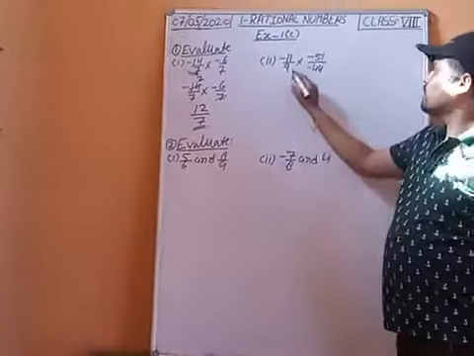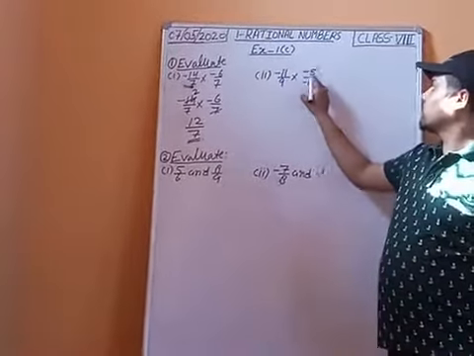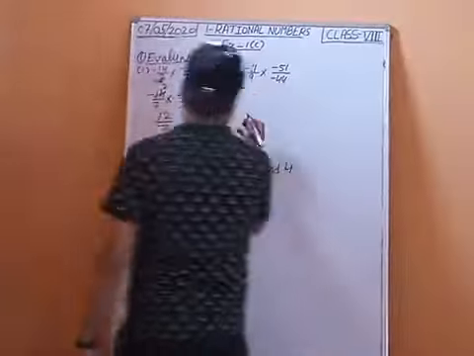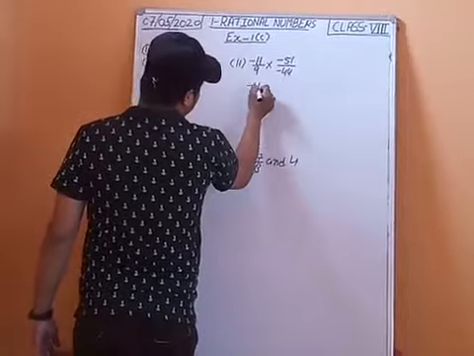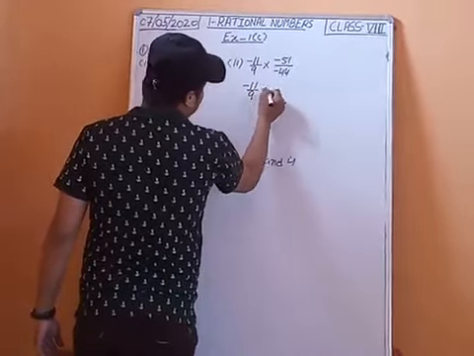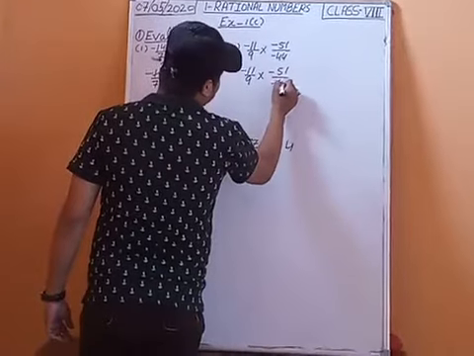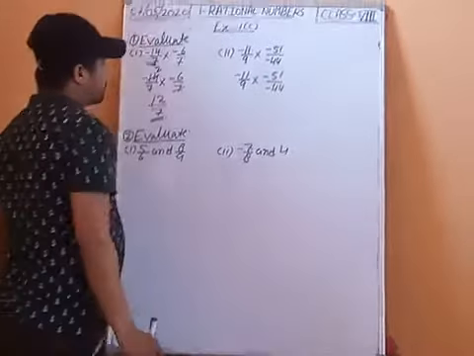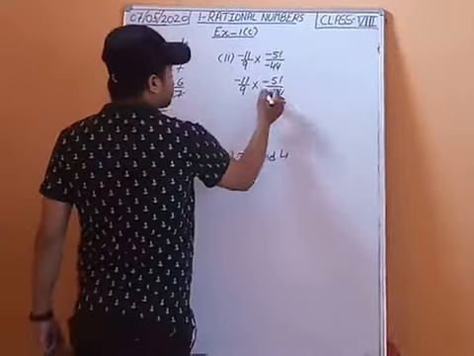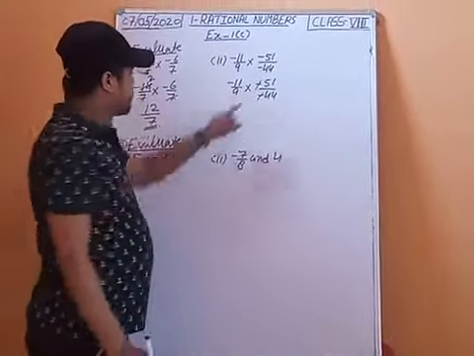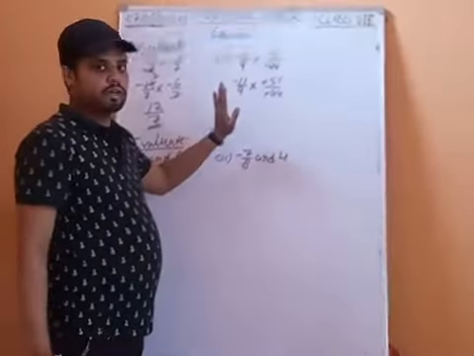Next, second part. Same: minus 11 upon 9 multiply minus 51 upon minus 44. So we will write minus 11 upon 9 multiply minus 51 upon minus 44. So minus minus cancel. We can cancel these two minus also, but minus minus is plus, so cancel.